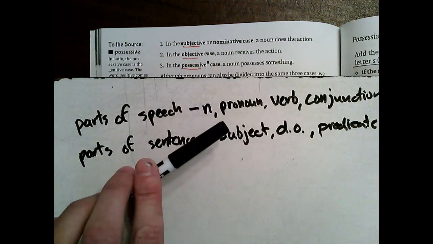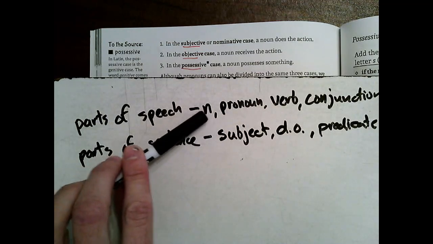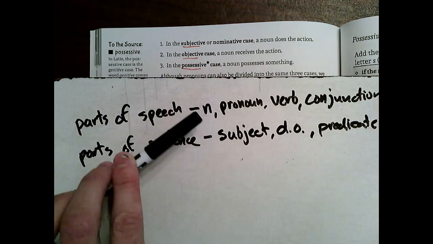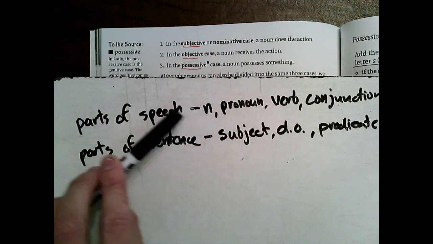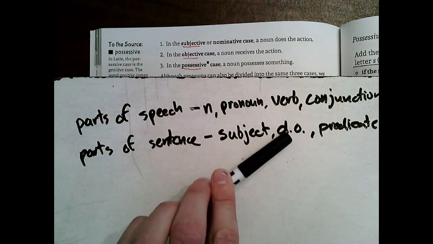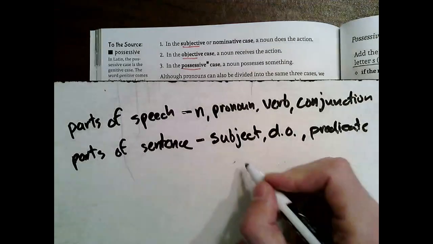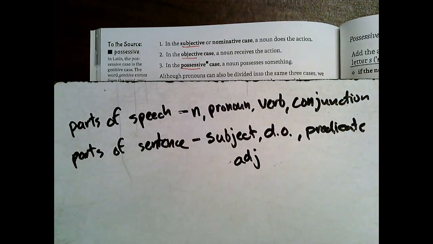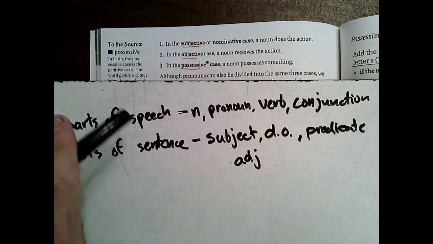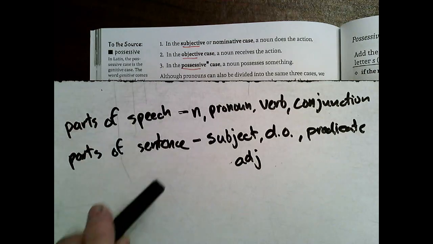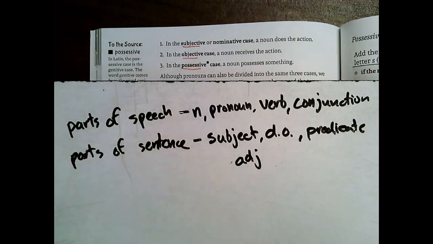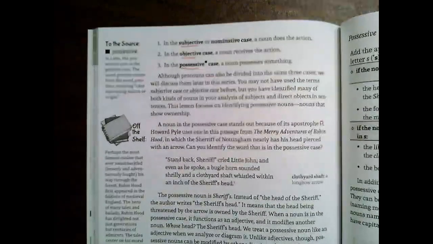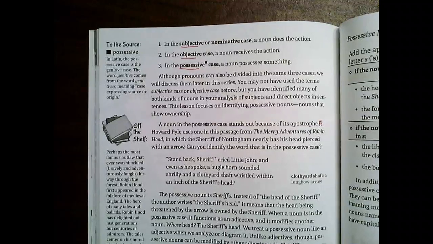And so as we talk about looking at nouns and what part of speech it is, sometimes a noun is the subject. Sometimes it's a noun, which is part of speech, but instead it's the direct object, different part of the sentence. Or it can even be an adjective in the sentence. So different parts of speech can be different parts of a sentence. So as we look at the different cases, it's important to remember that's why this is, we're learning about different things that nouns can be.